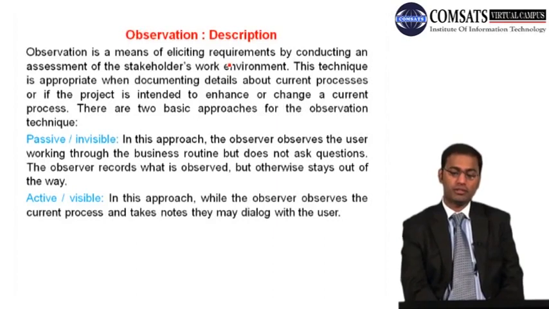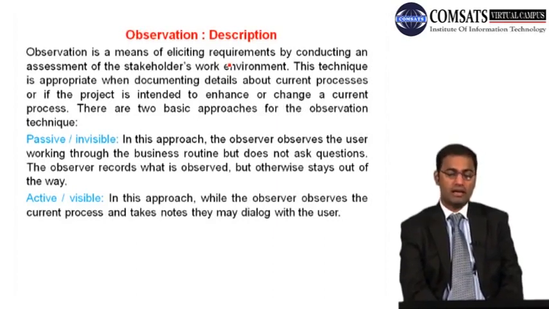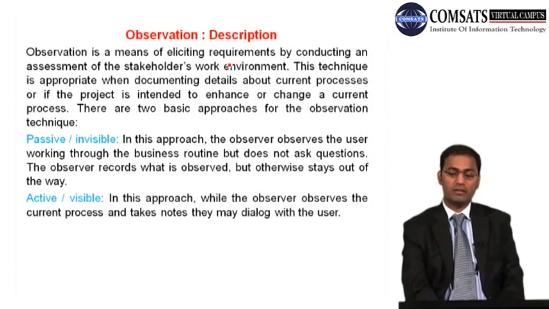There are two basic approaches for the observation technique. One is passive and invisible, and the other is active or visible. In the passive approach, the observer observes the user working through the business routine but does not ask questions. The observer records what is observed but otherwise stays out of the way.